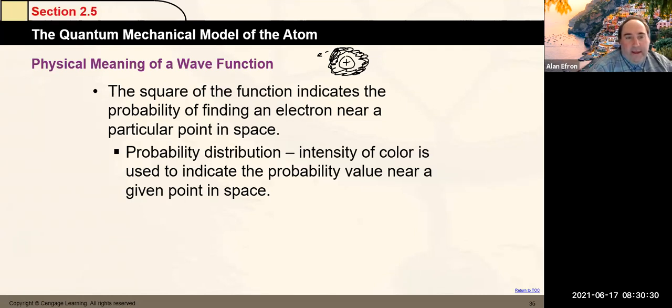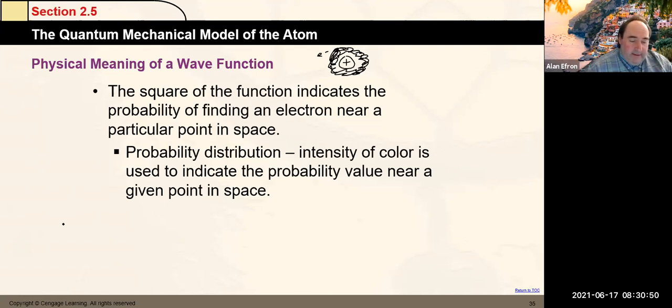So what we end up kind of settling on in terms of this idea of the quantum mechanical model of the atom is these sort of probability maps, if you will. And these probability maps basically give us the idea of where there's a very high probability of finding an electron in an atom.